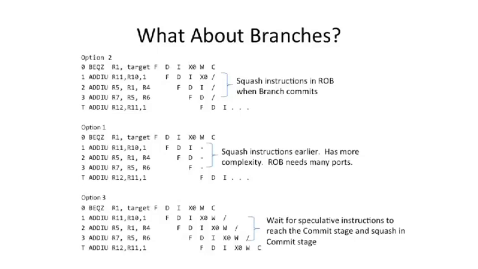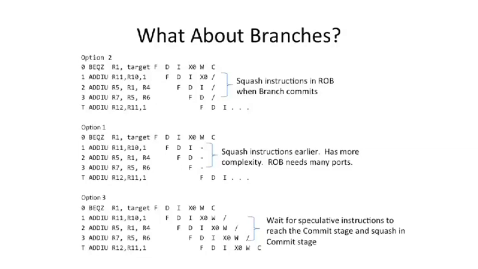Branches. So how do we make the branch latency better? Or what do we do on a branch, first of all? Ignore these bottom examples here. This is a different code sequence than we've been looking at. This is not the multiply, add code sequence. Instead, this is a branch. The branch commits. We know the branch is good.